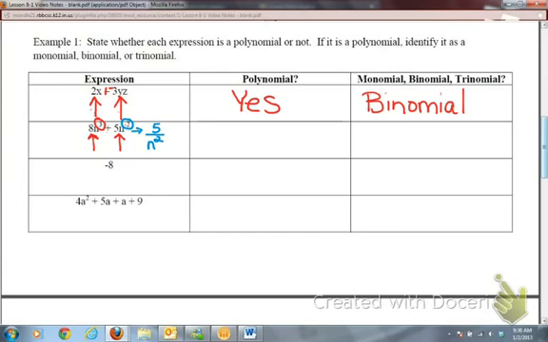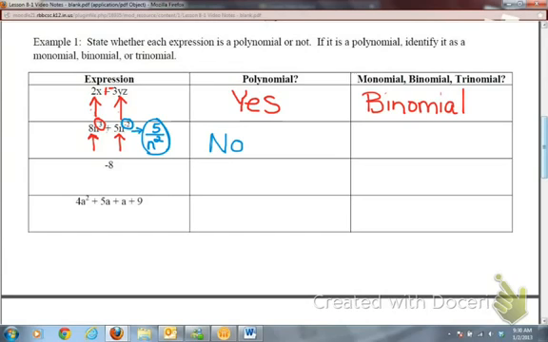So the 5n to the -2nd becomes this fraction, and as I mentioned before, you're not allowed to have variables on the bottom of a fraction and still have it be a polynomial. I mean, you're allowed to do it, it's just not a polynomial anymore. So because of that, this is a no.